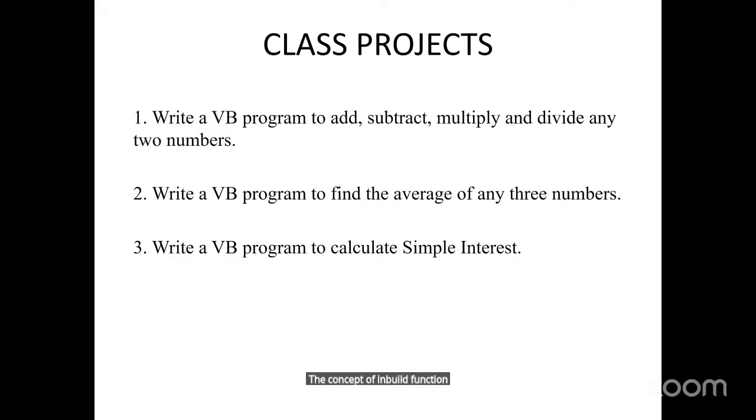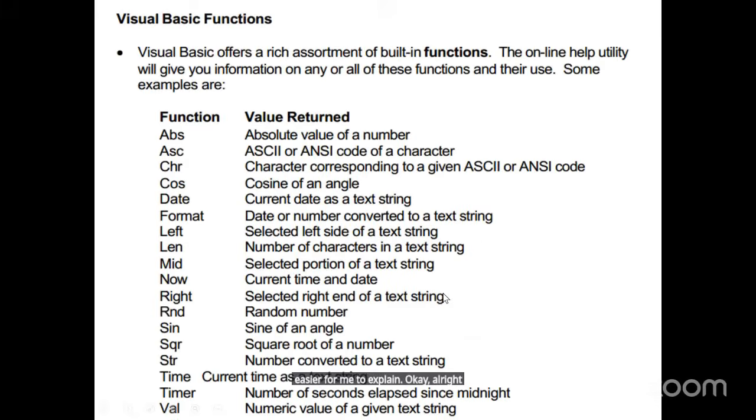Now, for example, let me go back there so it's easier for me to explain. Let's take the first one. I want to create an absolute value of a number.